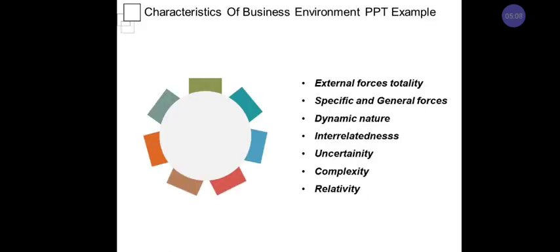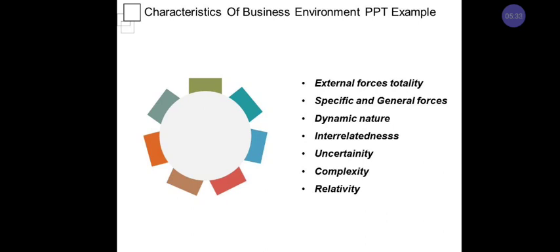Next, we are learning the characteristics of business environment. You may expect this as a 4 marks question in the final examination. There are 6 to 7 characteristics. The first one, totality of external forces.